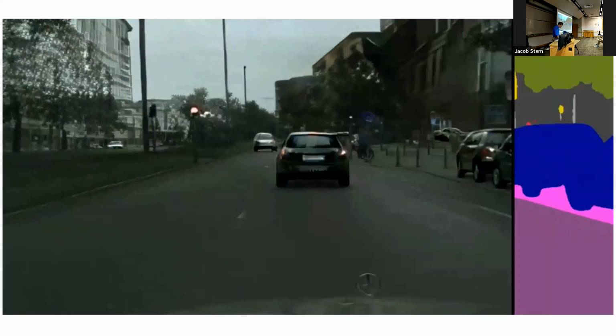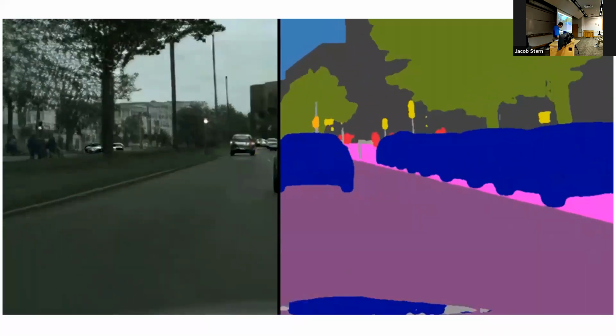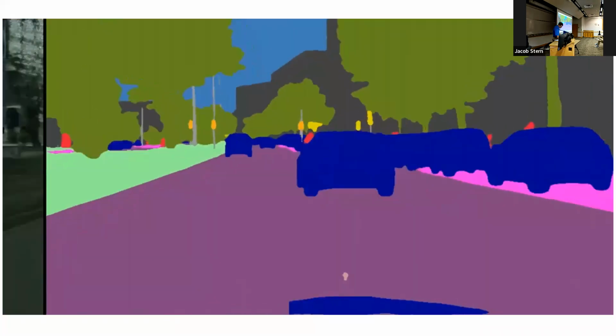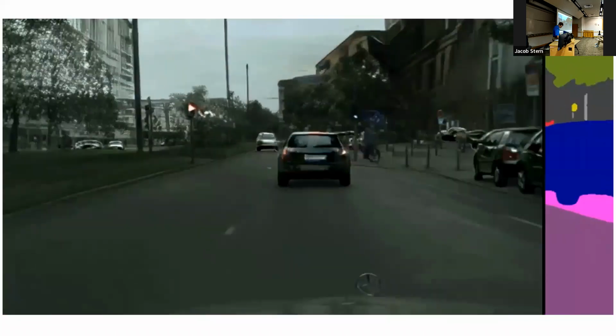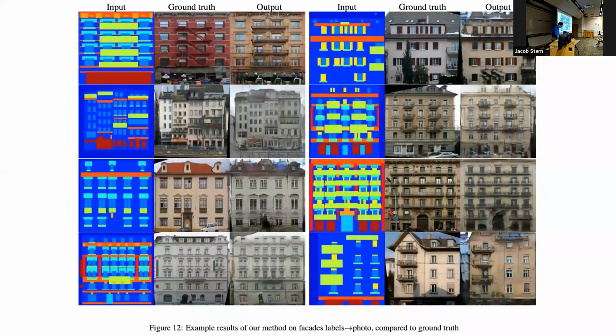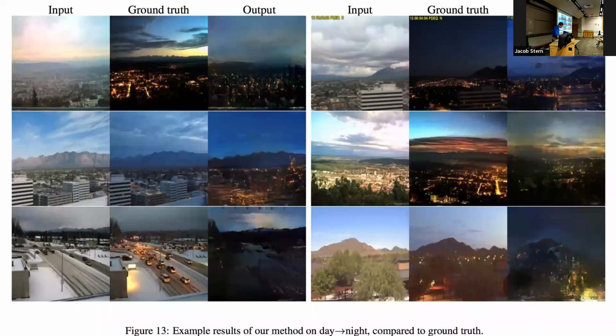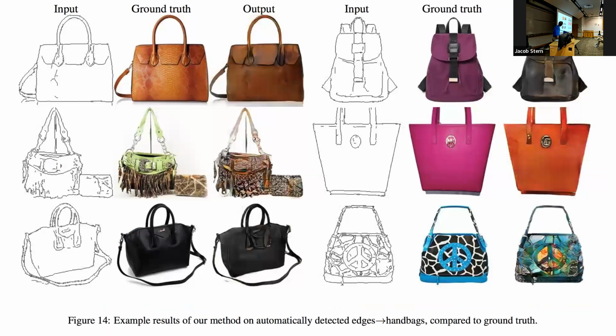Okay, so again, rendering video from a label of the image. And rendering facades, going from day to night. Some of them it does better than others.